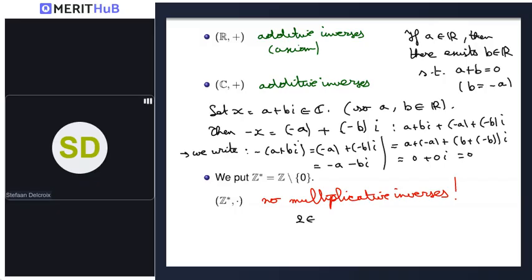So 2 is an integer, and 2 times a half, or 0.5, is 1, but a half is not an integer. So the integers have no inverses. Now that doesn't mean that every single integer doesn't have an inverse. Can you give me an integer that does have an inverse?